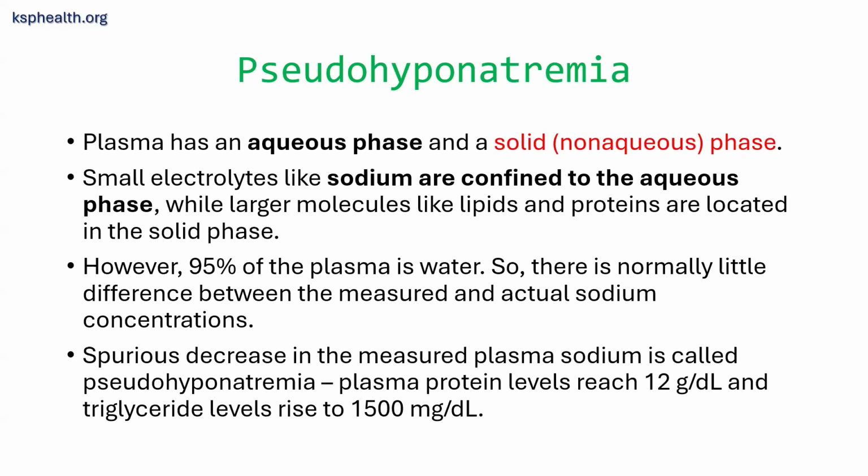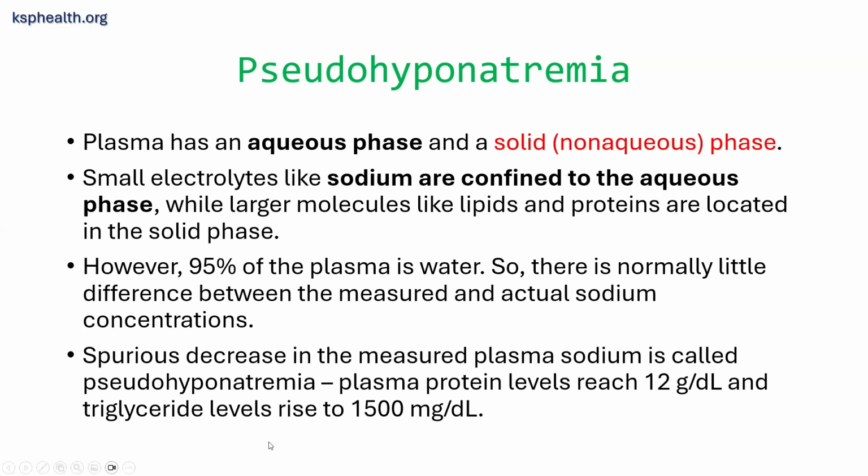What is pseudo-hyponatremia? The plasma has two phases, the aqueous phase and the solid or non-aqueous phase. Small electrolytes like sodium are confined to the aqueous phase, while large molecules such as lipids and proteins are located in the solid phase. But 95% of the plasma is water, so there is normally little difference between the measured and actual sodium concentrations, because only the 5% doesn't make a big difference in the calculations.